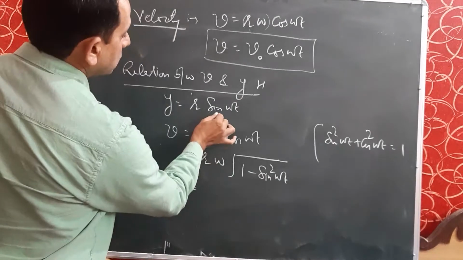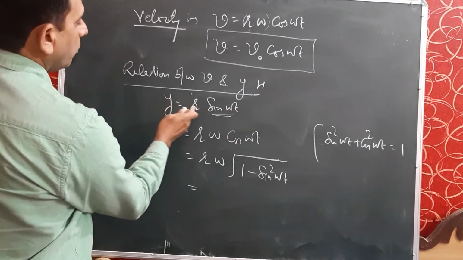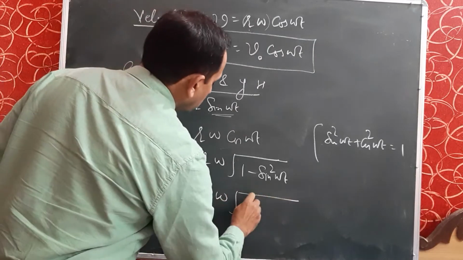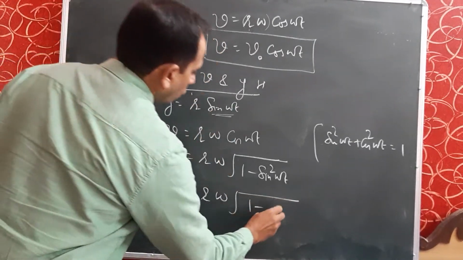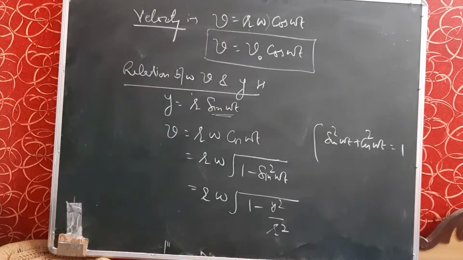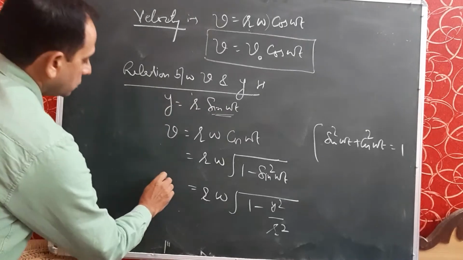Now, put sin omega t from here. The sin omega t is y upon r. So, it will become r omega into the square root of 1 minus y square upon r square, because sin omega t is y upon r. So, this is velocity.